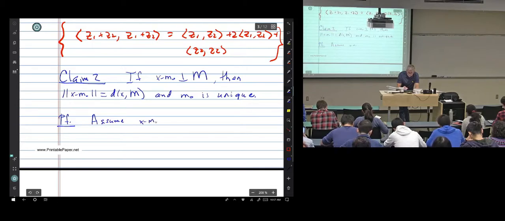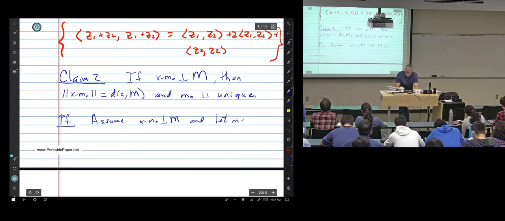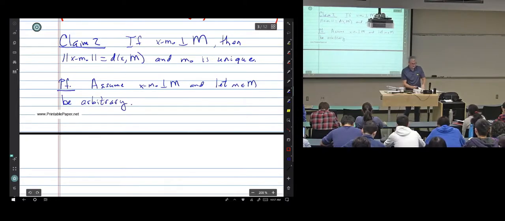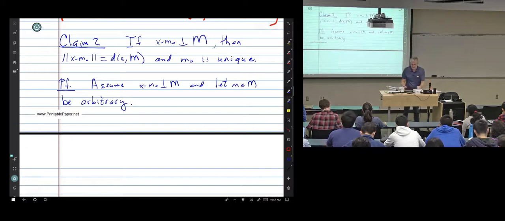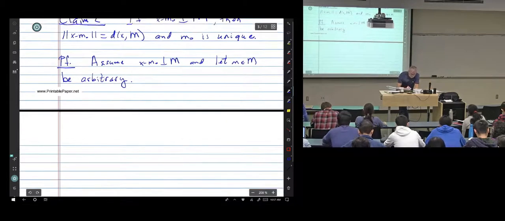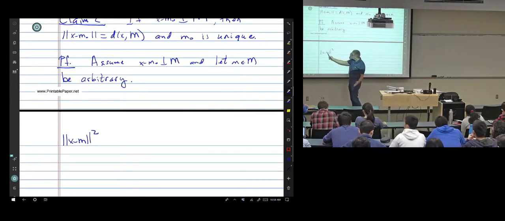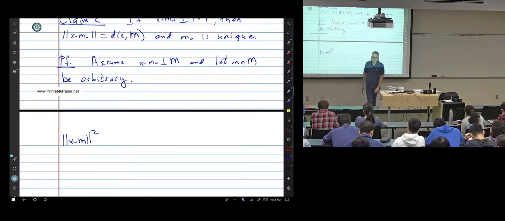Assume X minus M0 is orthogonal to M, and let m in M be arbitrary. Okay. So let's compare the approximation error with some arbitrary point to X.